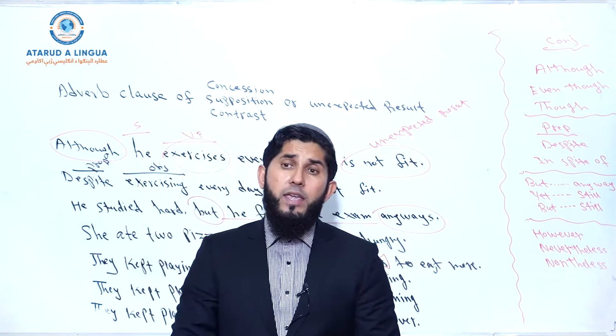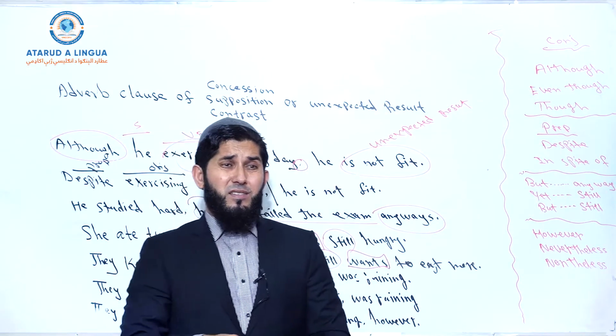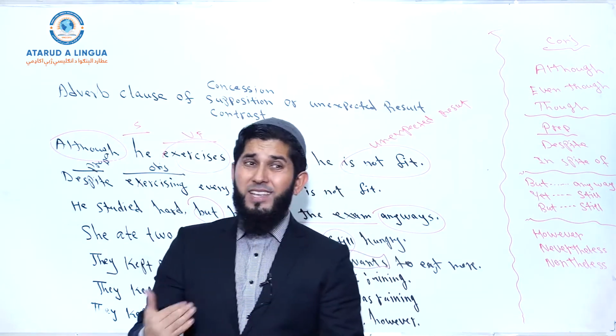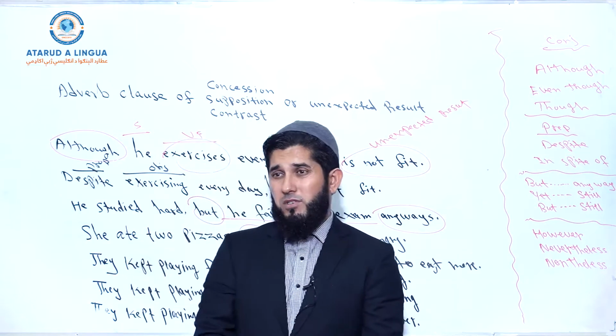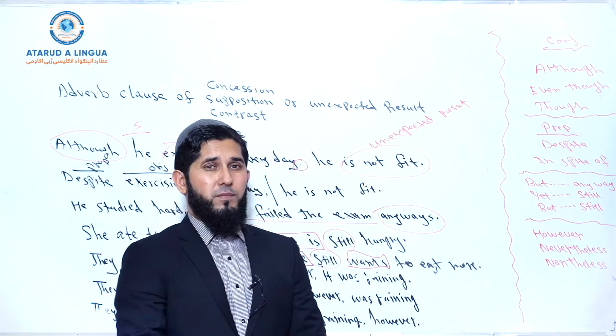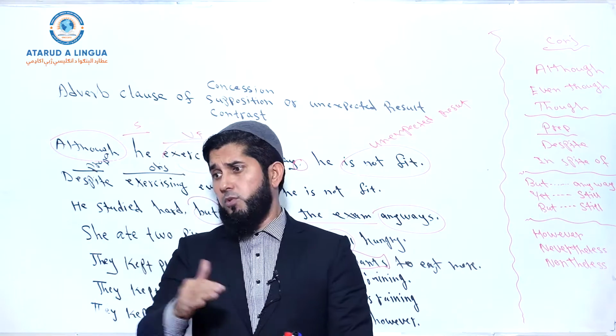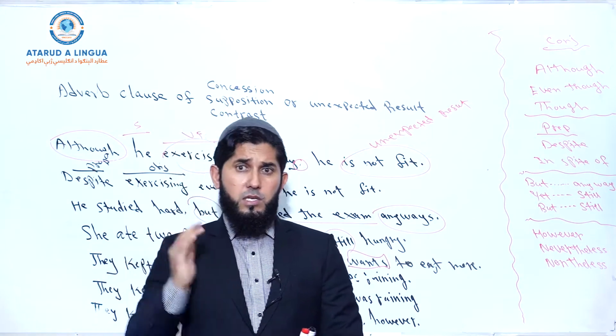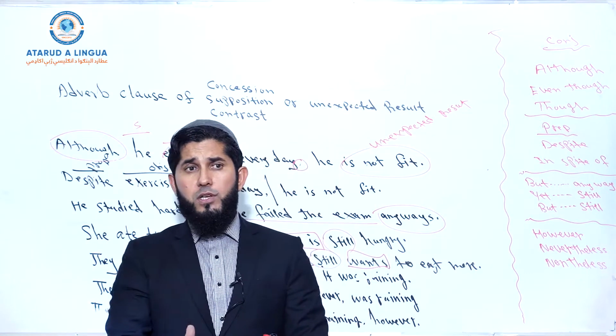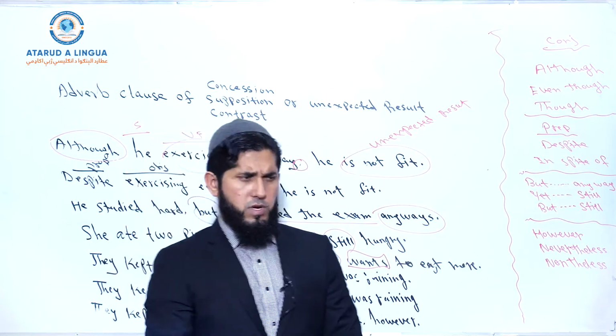Okay? Why? Because when you write a paragraph, when you write an essay, of course, an essay is the combination of paragraphs. And what is a paragraph? It's a group of related sentences which talk about the same main idea. Okay? So there you need logical order, chronological order, right?